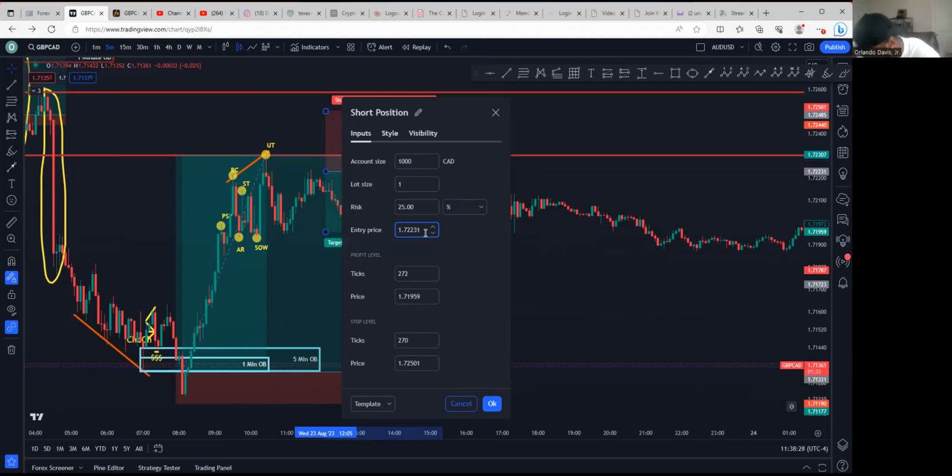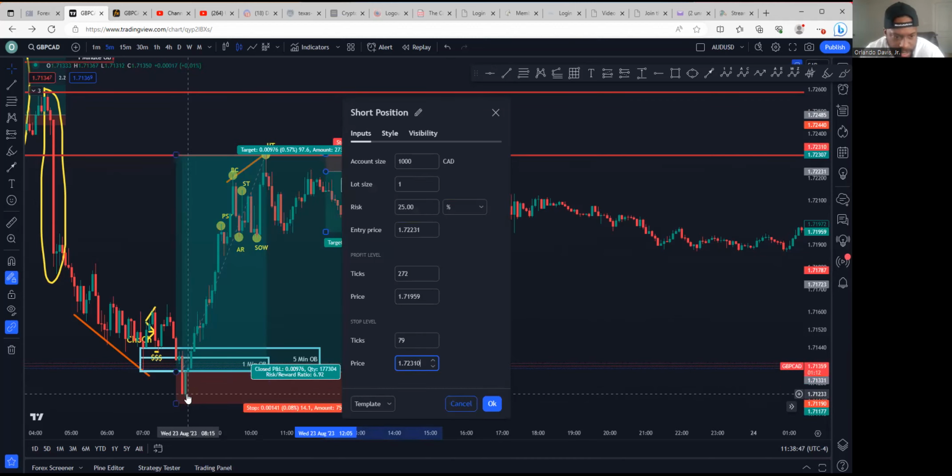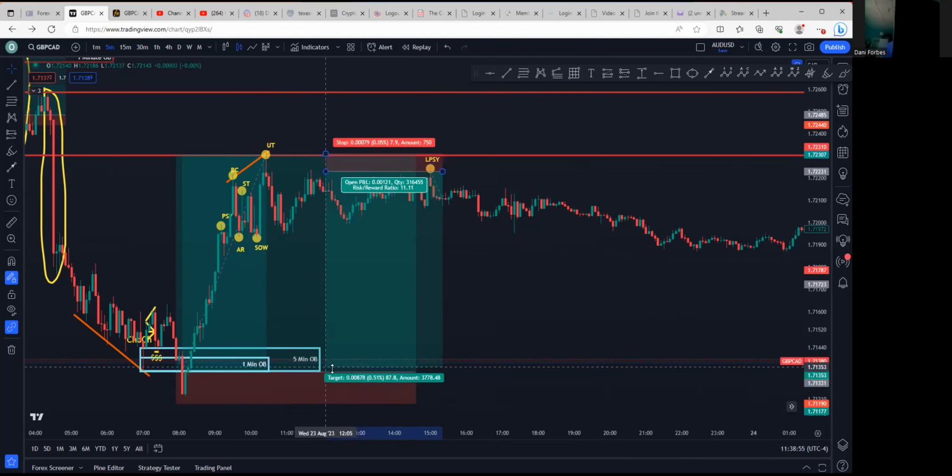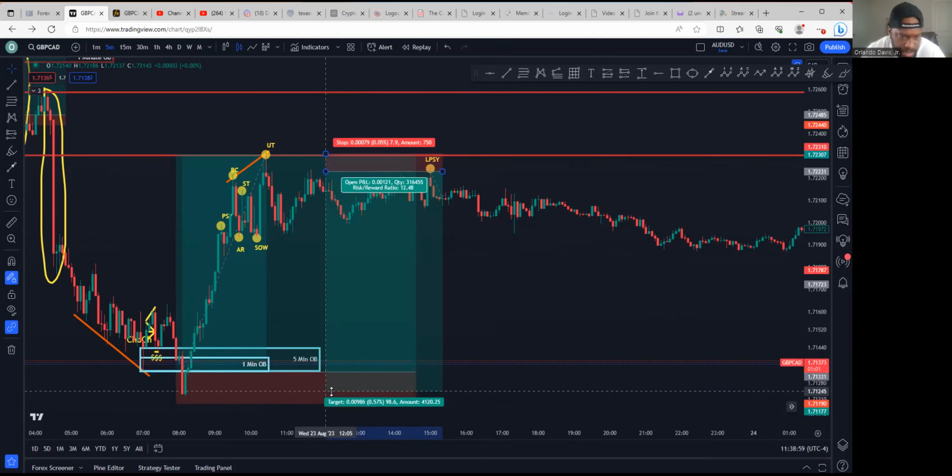Stop loss was at 172.310. And then TP would have been all the way down here, at least to this right here, which is the entry of that. My TP would have been down here, but it would have been right here to the low.